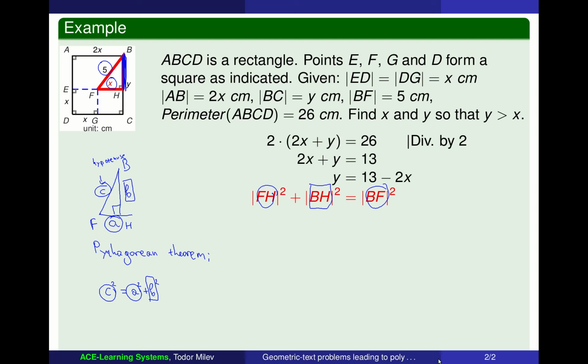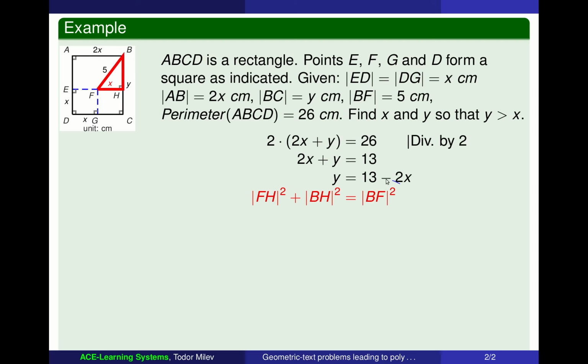Okay, so now using the Pythagorean theorem, I was able to establish that BF squared is equal to BH squared plus FH squared. So this guy squared is this guy squared plus that guy squared.